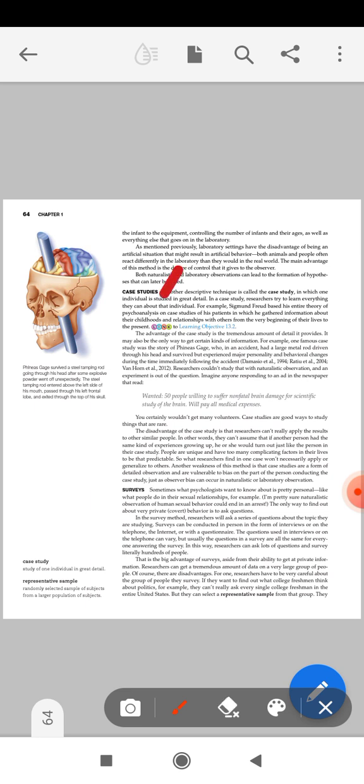But both kinds of observation, either laboratory or naturalistic, may lead to hypothesis formation and hence theory formation.